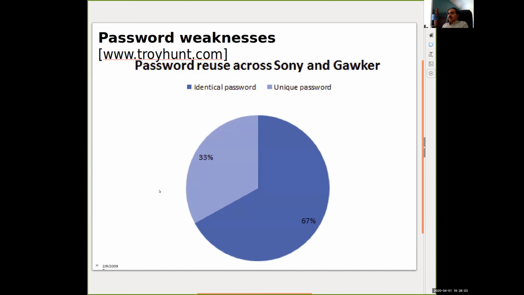Another common problem is that a password is reused across different sites, which means that if for any reason one of these sites suffers a breach and the password file is leaked, then an attacker will be able to figure out passwords that they can then use on another site.